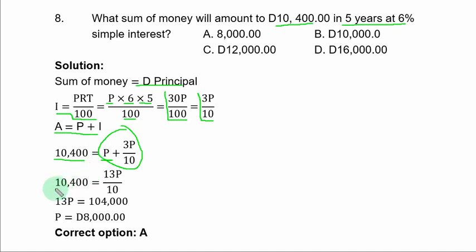So you have 10,400 equal to 13p over 10. If you cross multiply by using 10 to multiply 10,400, you have 13p equal to 104,000. If you divide through by 13, you have p equal to 8,000 D. So A is the correct option.